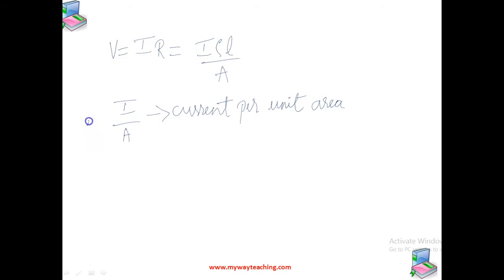We will denote it with J. The SI unit of current density: I is in ampere, area is in meter square, so it is ampere per meter square.